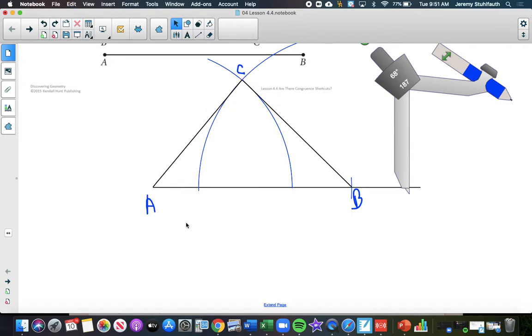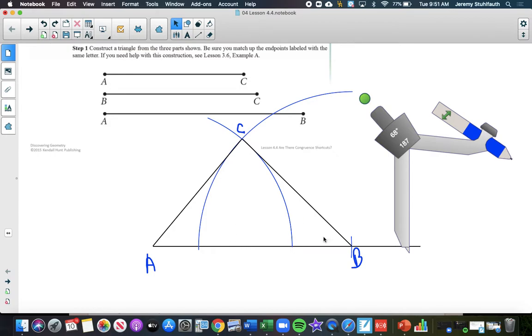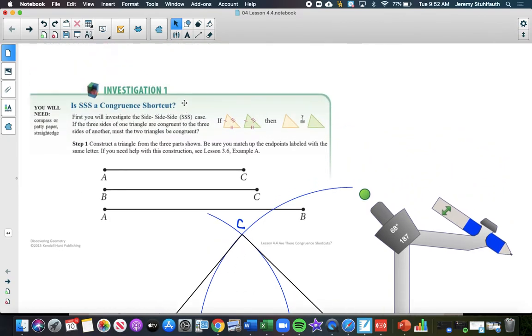So the only triangle that you can create when you're given 3 sides is this triangle right here. You could rotate the triangle, you could reflect the triangle, but regardless, this is the only triangle that you can create with these 3 lengths.